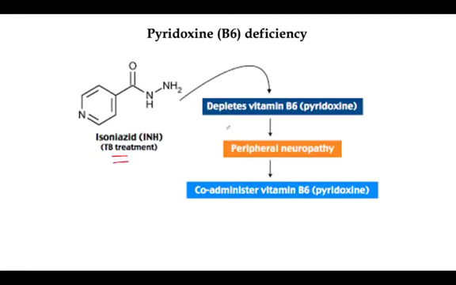So this drug binds to the carbonyl group of pyridoxal phosphate, which is derived from vitamin B6. And because of deficiency of pyridoxal phosphate, there is peripheral neuropathy. Therefore, whenever this medication is used by a patient, the patient should also take vitamin B6 as a supplement in the diet or in the form of tablets or capsules.